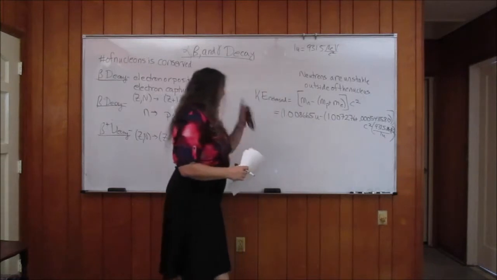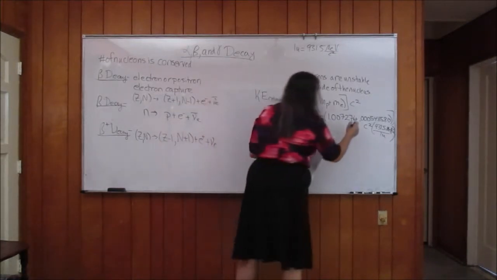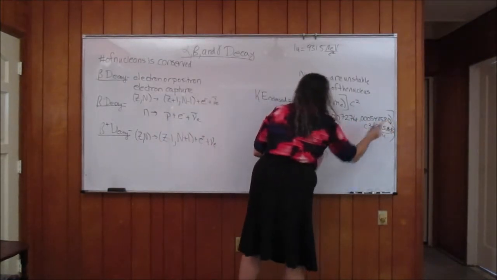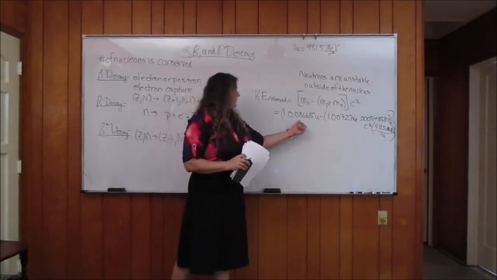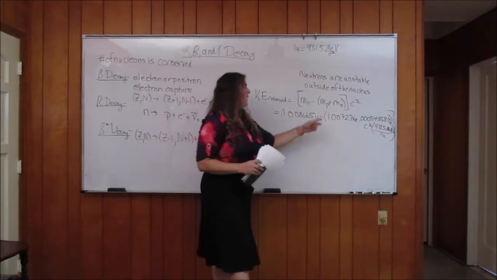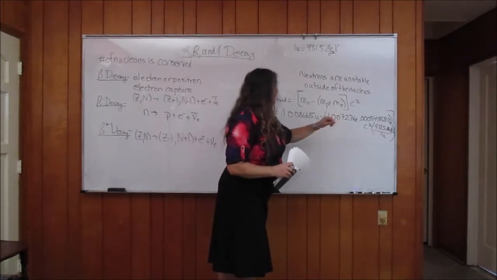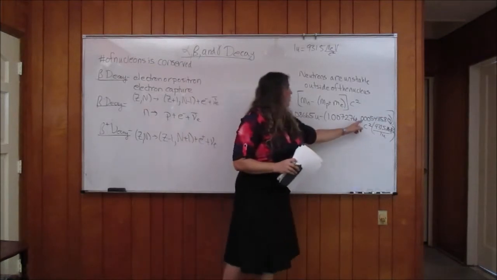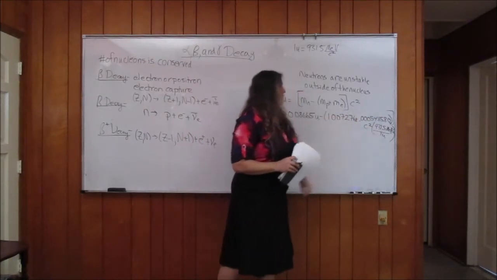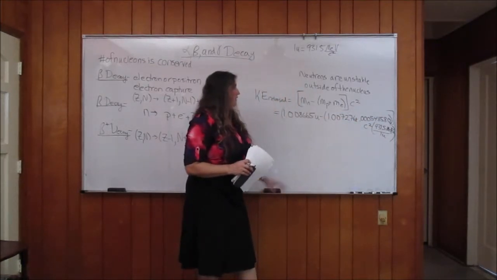I'll just read this off. And I left out that there are u's here as well. All the masses are in atomic mass units. So the mass of the neutron is 1.008665. The mass of the proton is 1.007276. And finally, the mass of the electron is 0.000548580. And that's all times c squared.